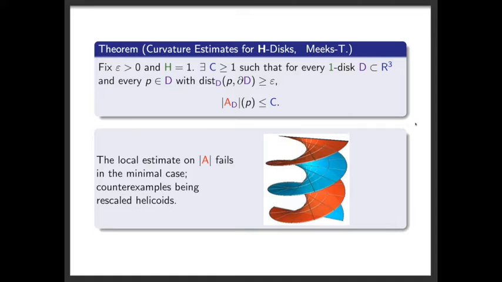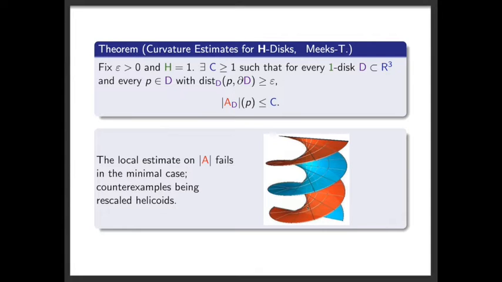So another thing about this curvature estimate is that, while our work was inspired by Colding-Minicozzi theory, which was done for minimal disks, this curvature estimate fails in the minimal case. A counterexample is the helicoid. If you scale a helicoid, it's still a minimal surface, and the second fundamental form blows up on the vertical axis.